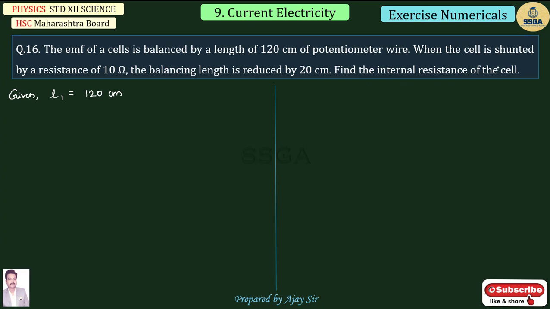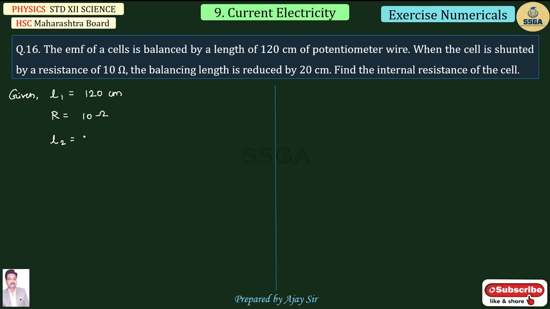When the cell is shunted, means the cell is connected to a parallel resistance of 10 ohm, and the balancing length is reduced by 20. Then you will get another balancing length when that resistor is connected in parallel with the cell.